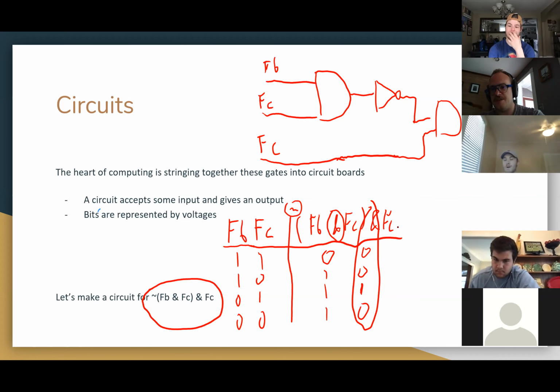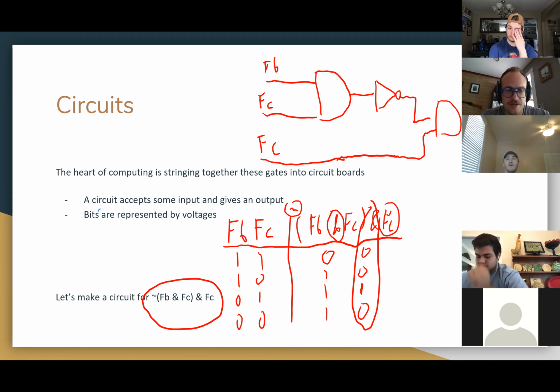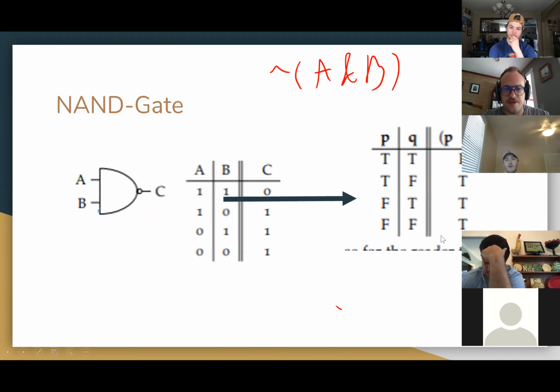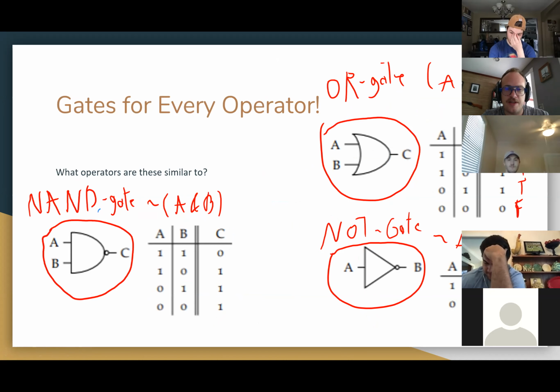And we plug in this FC and the value from that more complex well-formed formula into the final AND gate, and our output should match the values circled in the table of operations. And we can verify this using the table of operations for the logic gates a couple of slides back.